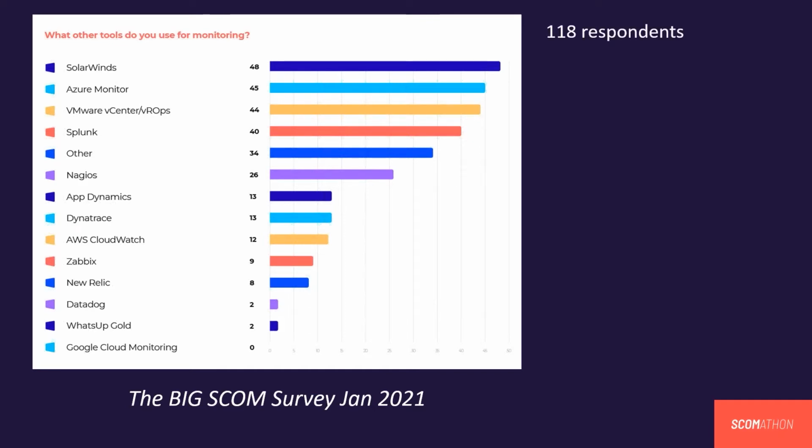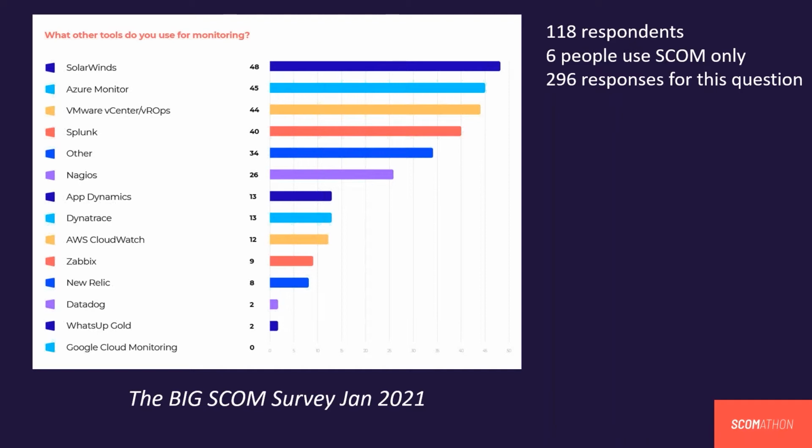We had 118 respondents, and of those people, only 6 said they use SCOM only. The other thing that's really interesting about this data is the graphic up on the screen here has 296 responses, which means that, if you take out the 6 people who are only using SCOM, there's an average of 2.6 monitoring tools per company on top of SCOM.